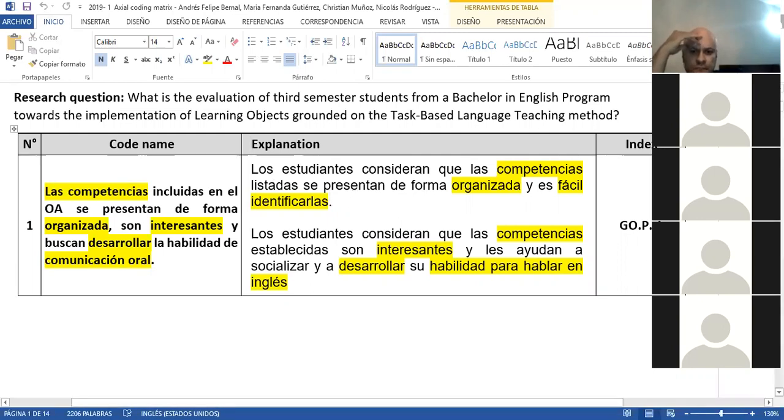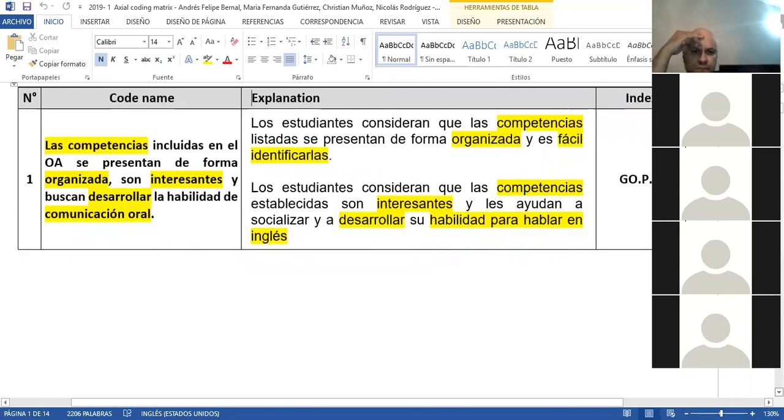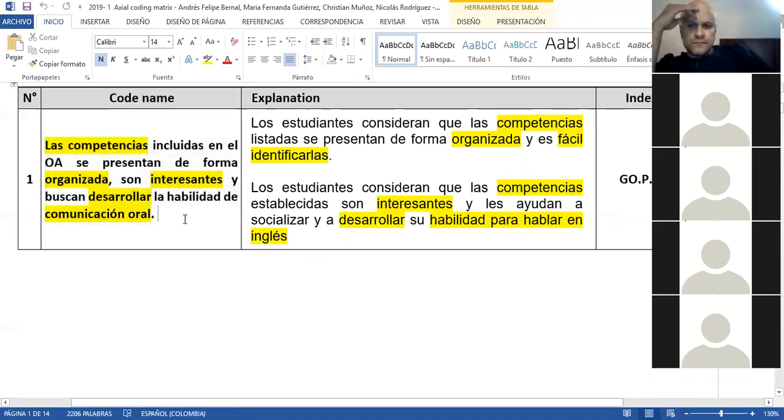So the idea was to write the participants' opinions in the third column, and if you found that 3 or 2 students had the same opinions, you had to create a new code. That new code had the words used by the interviewees, and the idea was to summarize those opinions that were similar.